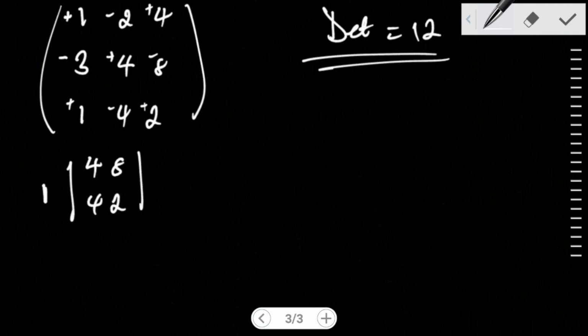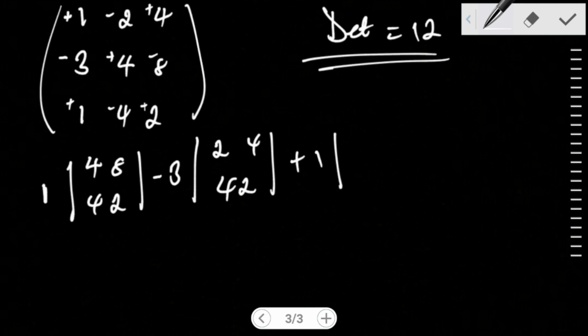Then minus 3, I'm going to have 2, 4, 4, 2. Then I'm having positive 1, then I'll be having 2, 4, 4, 8.